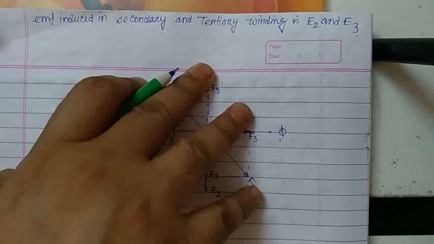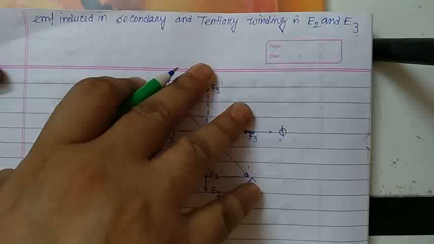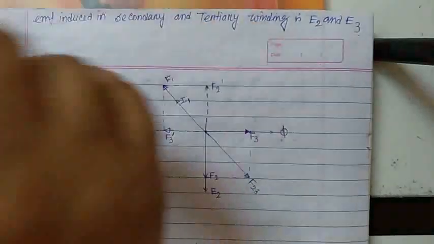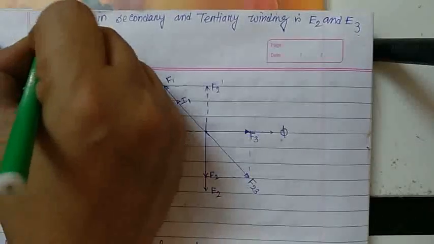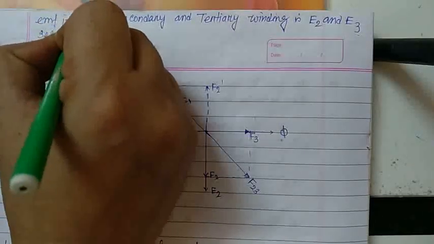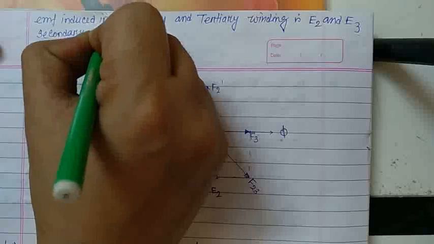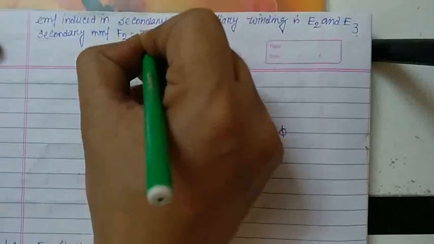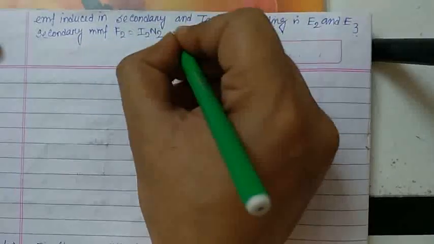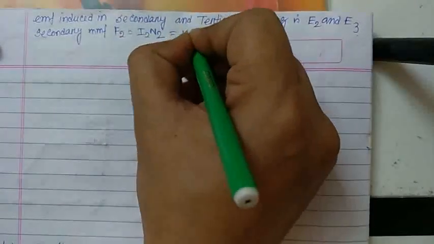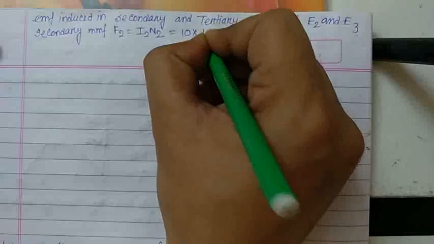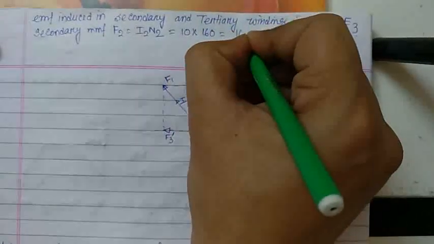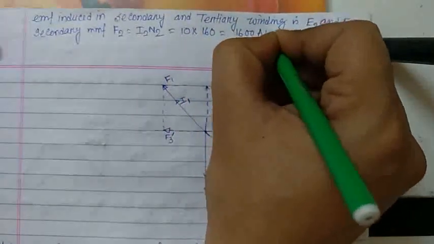Suppose the EMFs induced in the secondary and the tertiary windings are E2 and E3. Now the secondary MMF, that is F2, is nothing but I2 into N2, that is 10 into 160, so that is 1600.